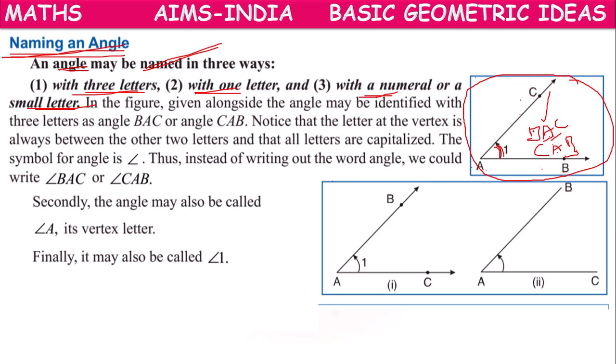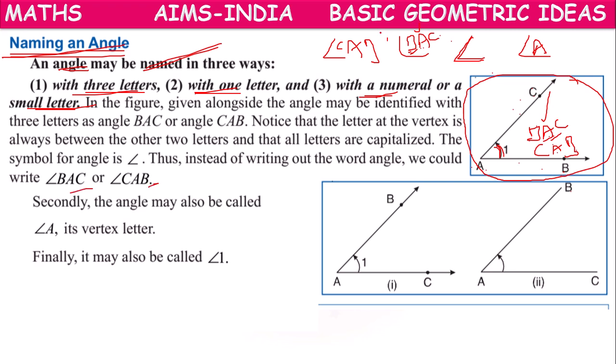Or we can also mention it with just a single letter. This is the symbol for angle. We can mention it as angle A, or angle CAB, or angle BAC. The vertex should always be in the middle of the other 2 points on the other 2 rays.